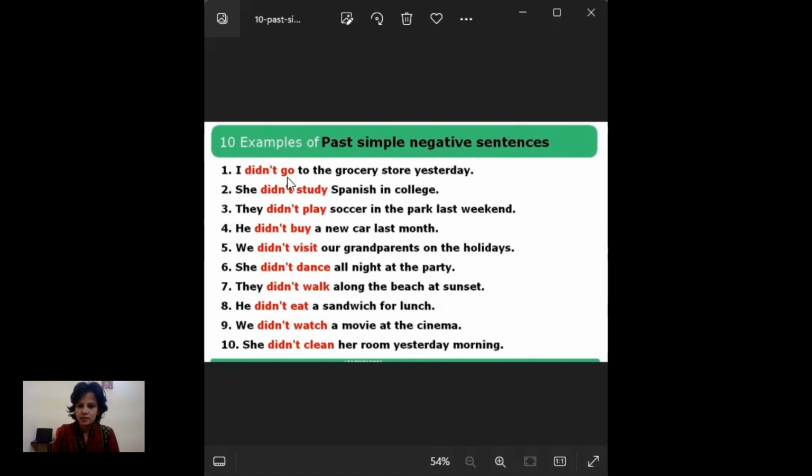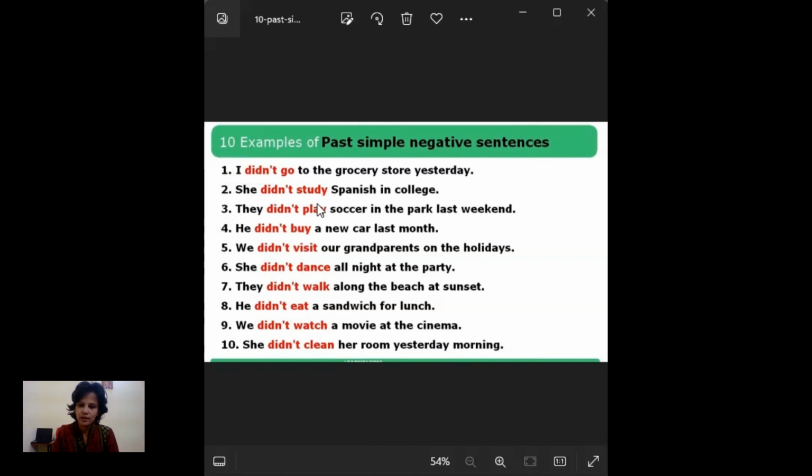And these are all base forms, like go, eat, and irregular verbs. They have their own form, so we use them according to how they are. But in common regular verbs, we usually add ied or ed when we make positive sentences. Like she studied Spanish.